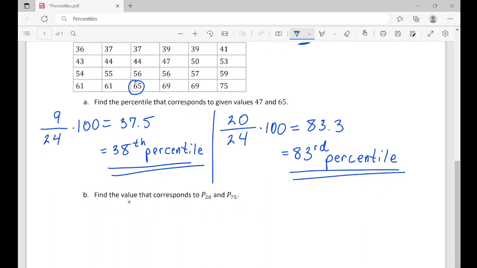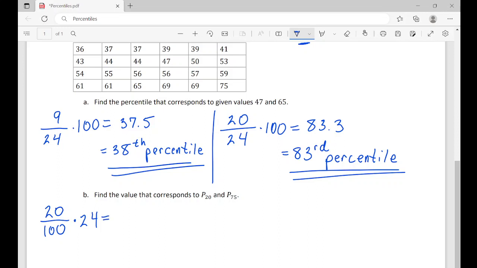Now we're going to find the value that corresponds to a specific percentile. Let's start off with the 20th percentile. To do that, we again take our k value, our percentile, which is 20. So we say 20 divided by 100 multiplied by the total number of values, which we know is 24.